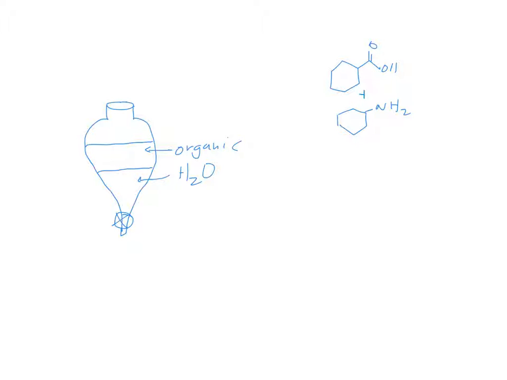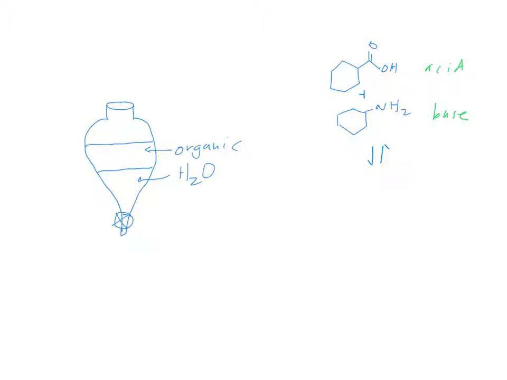What's going to happen if we add these 2 together? Well, we have an acid here, and we have a base. What do you think is going to happen if we mix those 2 together?